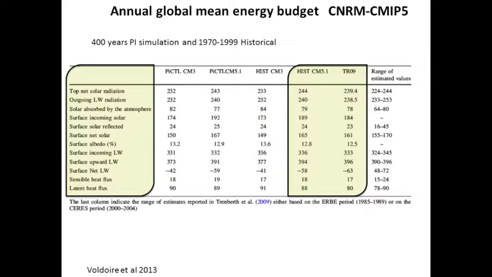Okay. So I'm not going to discuss all the numbers in this table, but just to show that the results of the energy budget from the models are reasonably good. For example, we look only at these two columns here, and this is the variable, for example, top net solar radiation.